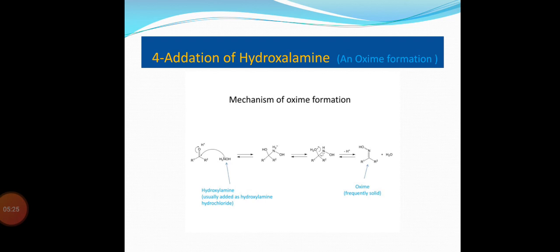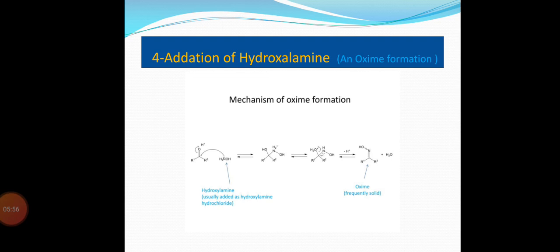Now take an example of the addition of an ammonia derivative, that is, the addition of hydroxylamine. If you understand the general mechanism, then this reaction looks very easy with the same mechanism, as hydroxylamine is a derivative of ammonia in which nitrogen acts as a nucleophile.